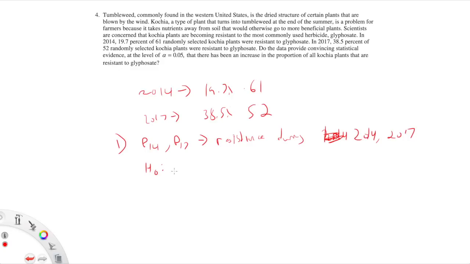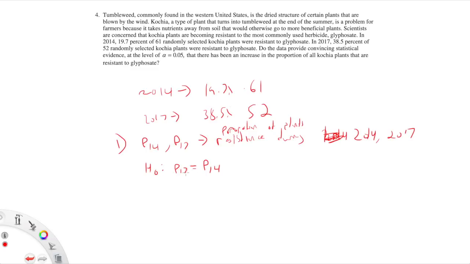So our null hypothesis is that P17 is equal to P14, right? Sorry, this is actually incorrect. We want to say proportion, right? We want to specifically explain the proportion of plants resistant to the glyphosate herbicide during the 2014 and 2017 years.